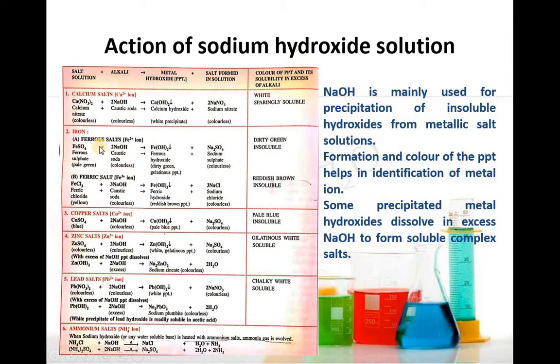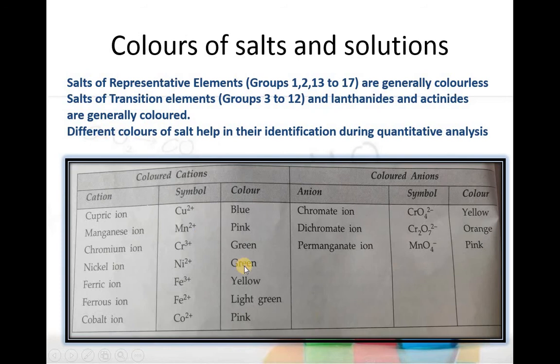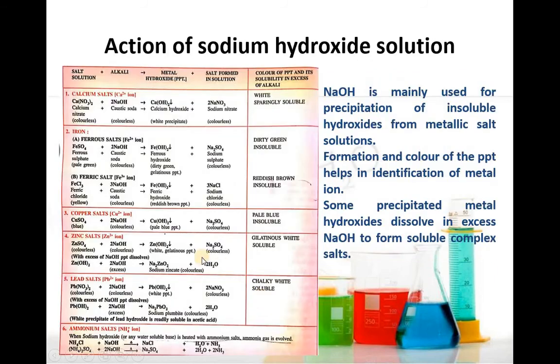Now, ferrous salts, in the previous chart we had shown that the ferrous will give some green color, ferric will give yellow, ferrous will give light green. So, you see here ferrous sulfate is pale green, with caustic soda the ferrous hydroxide you get is a green shade again, that is dirty green gelatinous precipitate. It is also insoluble in excess alkali.